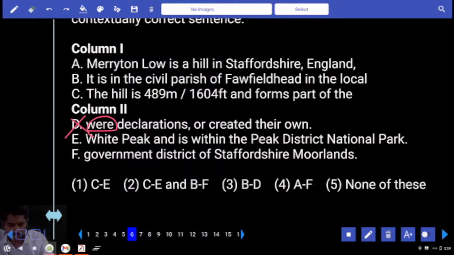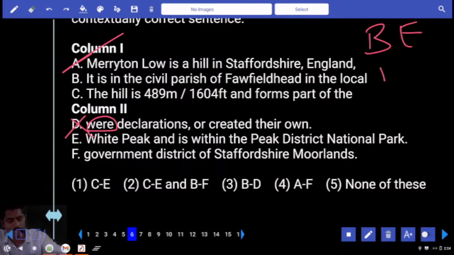It is a hill in England government district. I'm not sure about A. Let me check B. It is in the civil parish of Fawfield Head. In the local Were? No. In the local White Peak? Maybe. In the local government district, maybe. BE suitability is there and BF suitability. BD is not suitable.